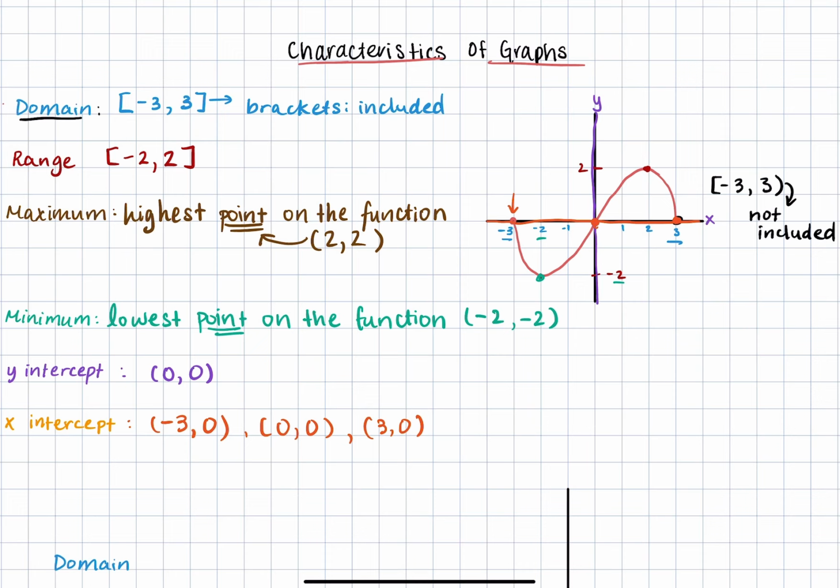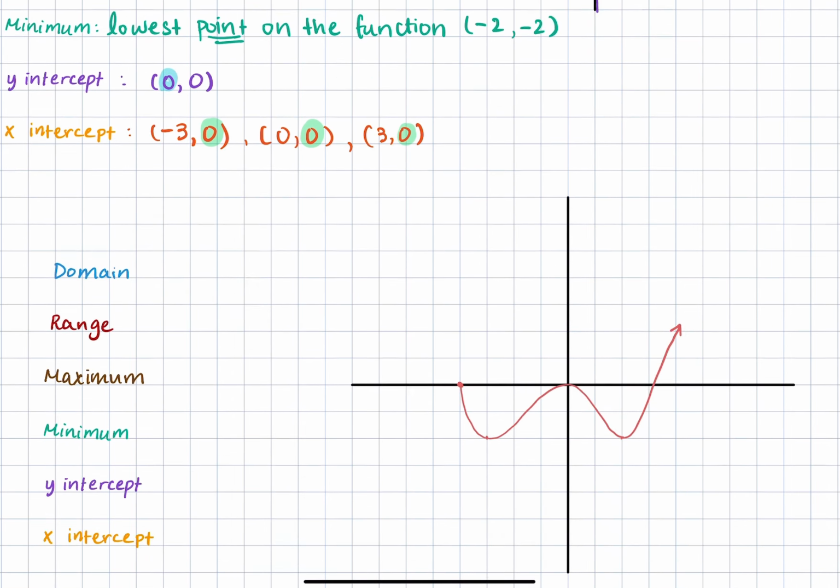Notice that when we're talking about x-intercepts, all the y values are zeros, because when we have a point on the x line, your y value is 0. It's the same thing with the y-intercept, except switched: when we have a point on the y line, your x will always remain 0.